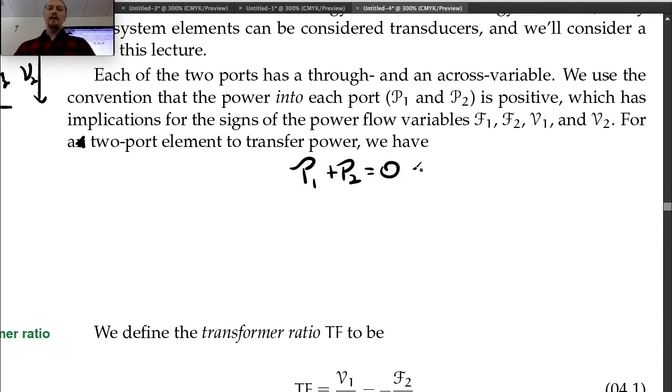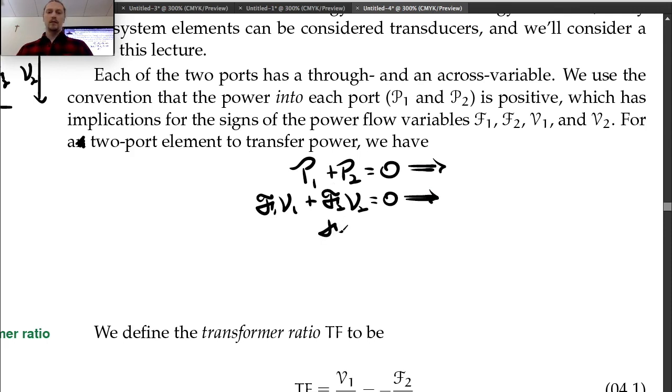Which implies that F1 V1 plus F2 V2 equals 0, which implies that F1 V1 equals negative F2 V2.